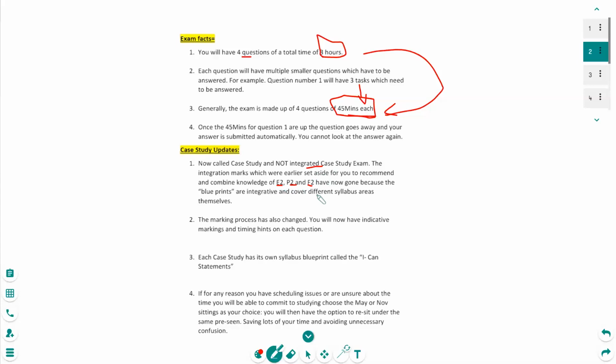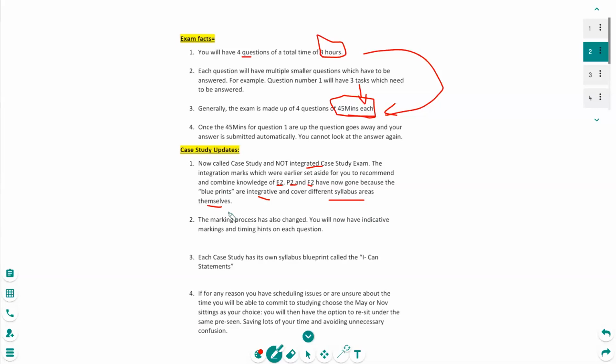But now all of that's gone. You don't necessarily have to do that to get extra marks. Because they have introduced the blueprints, which are core areas, the blueprints do the job of the integration, because the blueprints are integrative and cover different syllabus areas themselves.